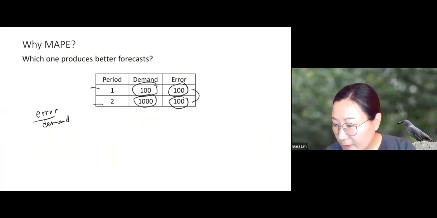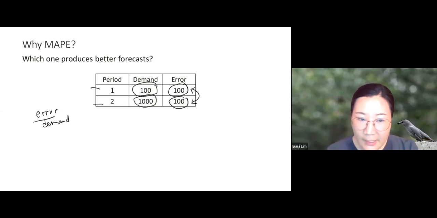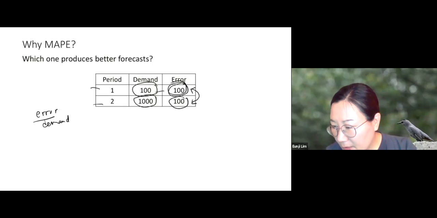So in both periods, the error was the same. But does this mean that this forecasting method worked equally well in each period because we have the same amount of error? No. In the first period, the error was the same as the demand. The error was 100% of the demand.